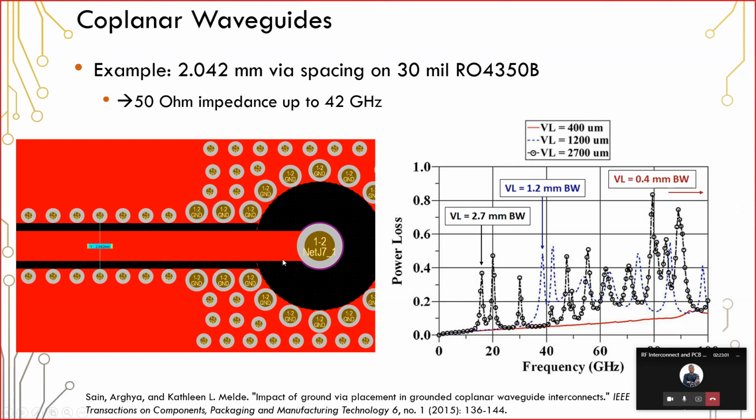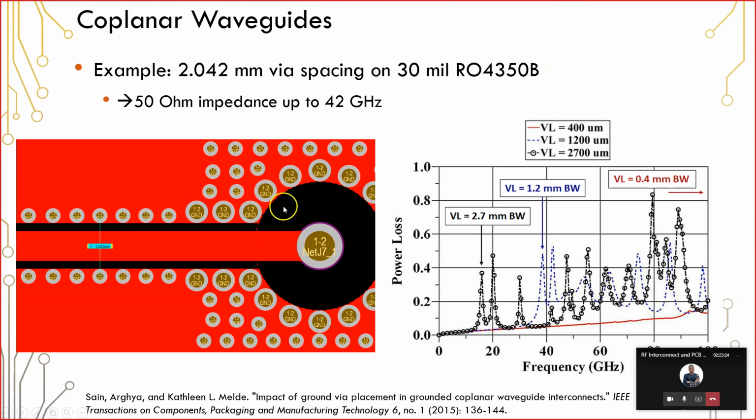So just as an example, on the left side we have a coplanar waveguide. This particular coplanar waveguide uses 2.042 millimeter spacing on our very thick layer of Rogers. Now, this very wide transmission line is going to have lower skin effect losses at our operating frequency. We also have a low loss dielectric.